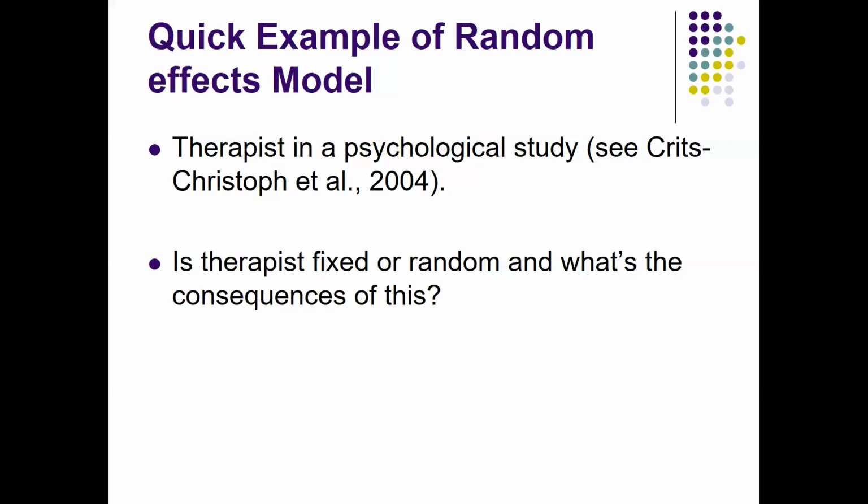Which means our p-values are smaller than they should be. That means we're more likely to make a type 1 error because we're underestimating the variance. We're more likely to falsely reject a true null, right? We don't want to do that, right? You don't want to do that. We want our predictions, our inferences to be correct, right?